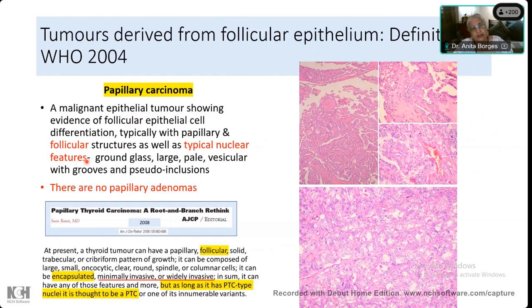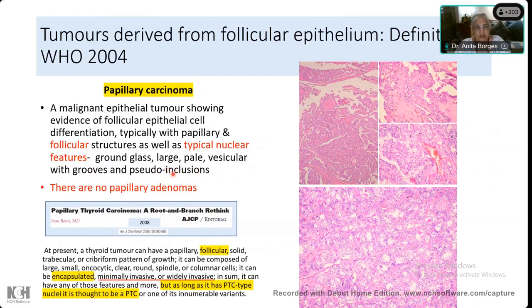You cannot do without these typical nuclear features if you want to define a papillary carcinoma. Those typical nuclear features are ground glass, large, pale, and vesicular nuclei with grooves and pseudo inclusions. These are not true inclusions, but they look like cytoplasmic inclusions inside the nucleus.